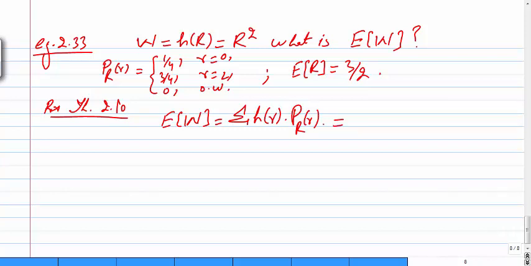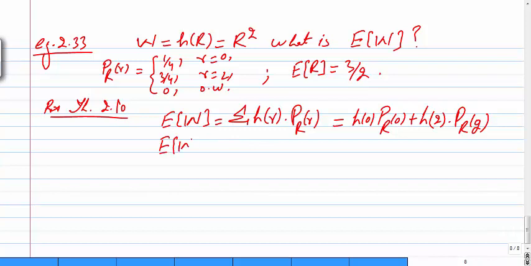Why? When R is 0, this is equal to h(0) times P_R(0) plus h(2) times P_R(2). Otherwise the value is 0, so there is no need to write those values.